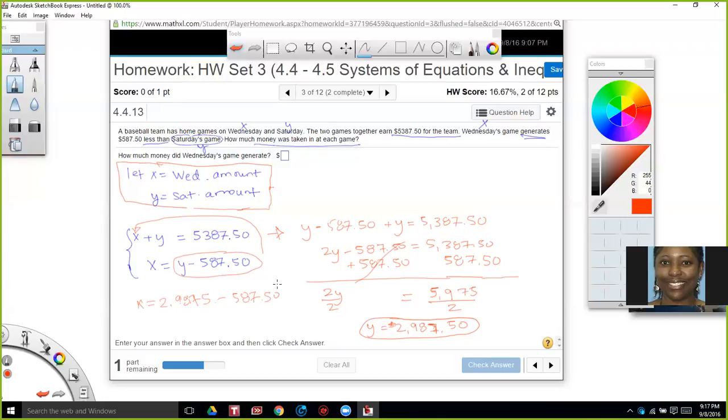And you get 2,400. So, right, x equals 2,400. Okay, $2,400. Right, so those are your two answers. I hope this has helped. Okay, if not, let me know.